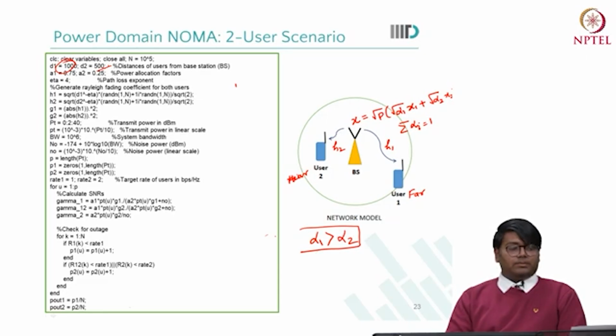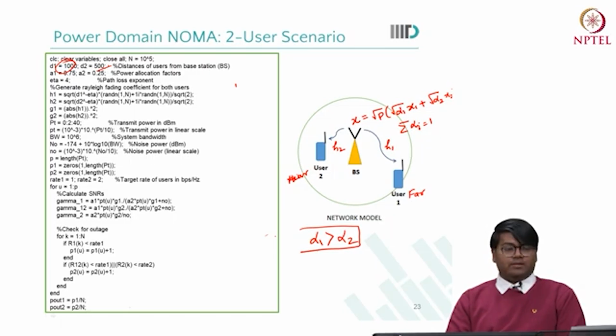Now we want a plot of the outage probability as a function of transmit power. So we first initialize a range of transmit power from 0 dBm to 40 dBm. Then we set our system bandwidth as 1 megahertz.